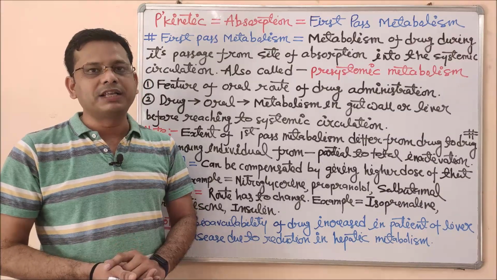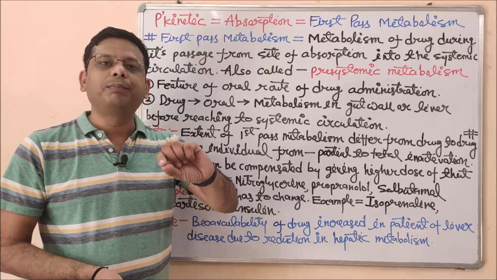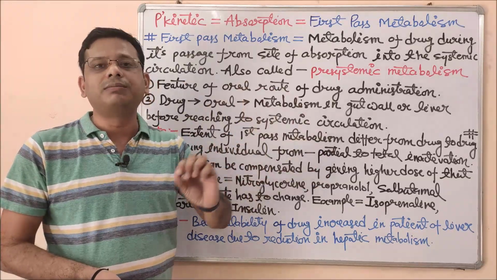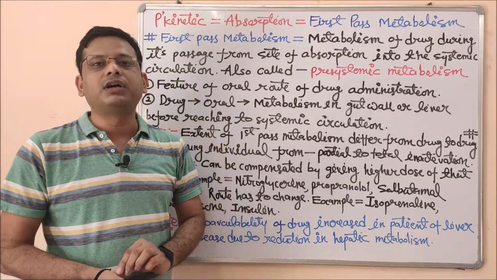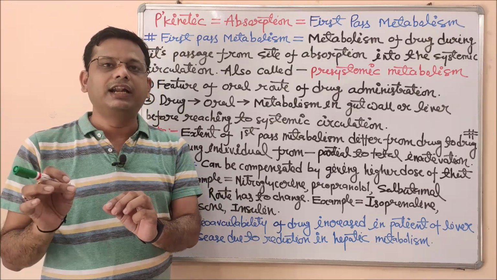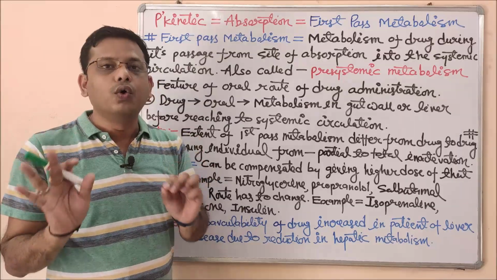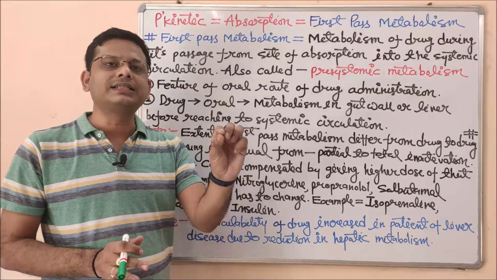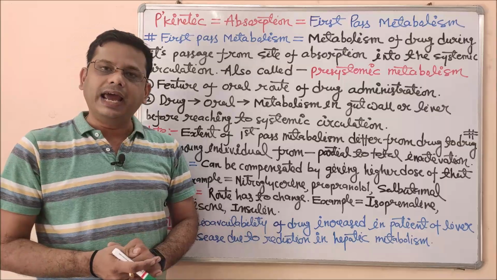But in case of first pass metabolism, the metabolism takes place before the drug reaches the systemic circulation, and this first pass metabolism is applicable only to the oral route of drug administration.